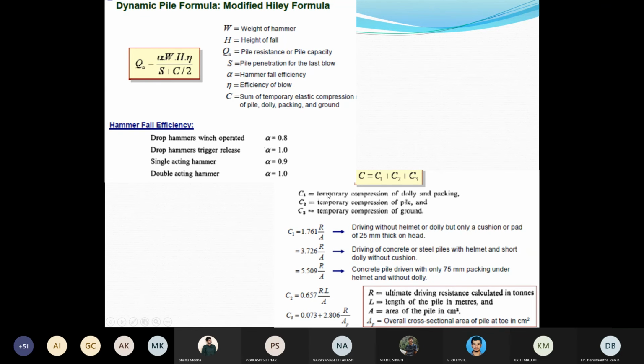Then there is some constant value C, which is the summation of C1, C2, C3. These account for temporary compression of the dolly and packing, temporary compression of the pile, and temporary compression of the ground. Just to make you understand, when you are driving the pile, there is a rammer and there is a pile top.